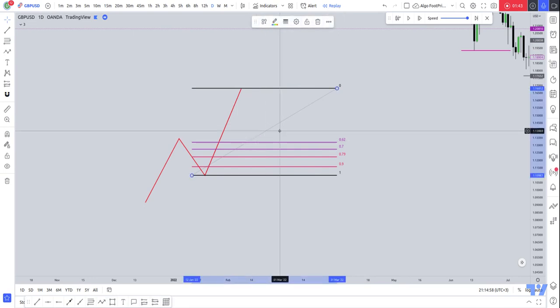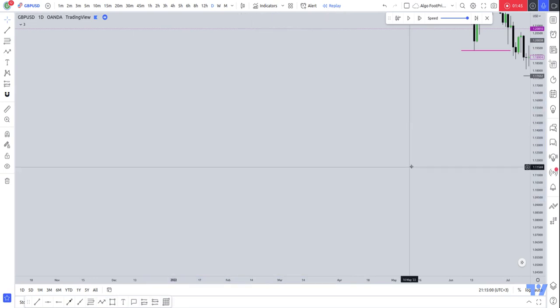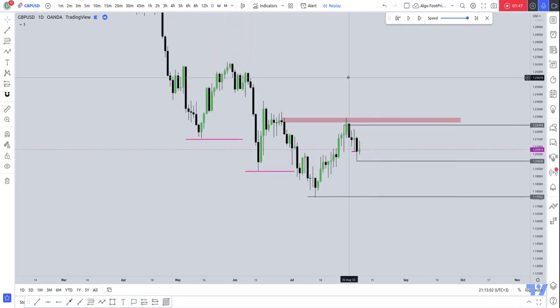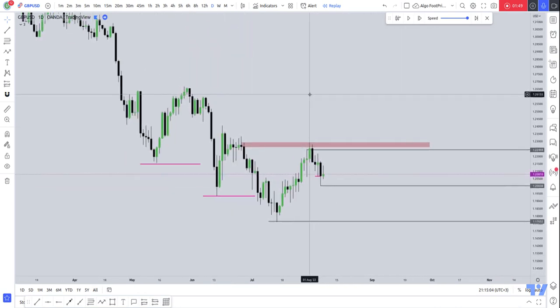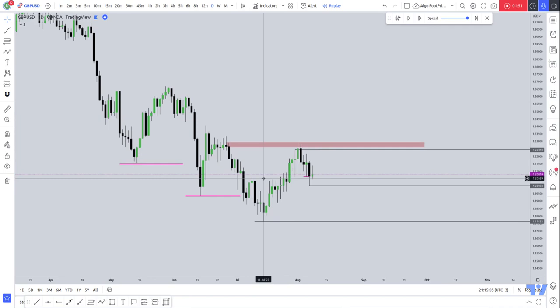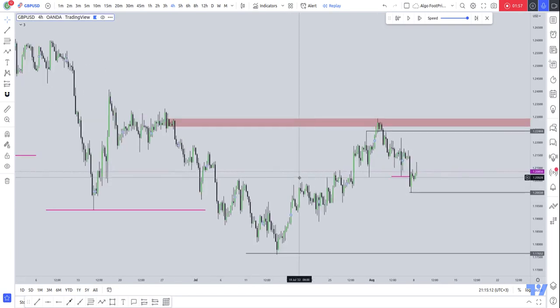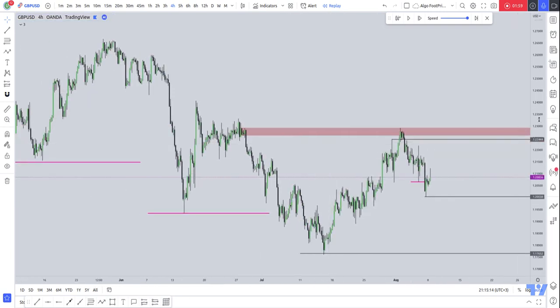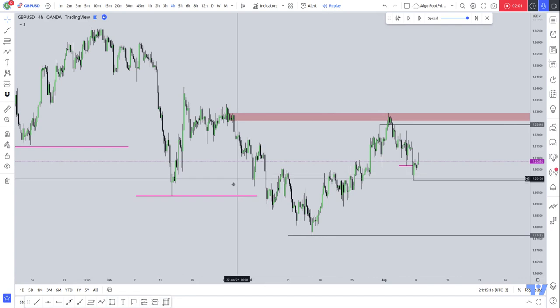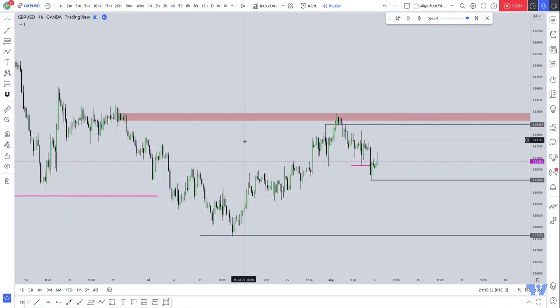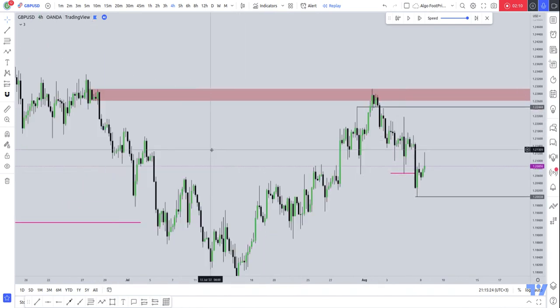Okay, so now this is the same scenario on the GBPUSD on the daily time frame. Now we switch to H4. You can see H4 came to this area. There is a gap in here. Let me zoom in.